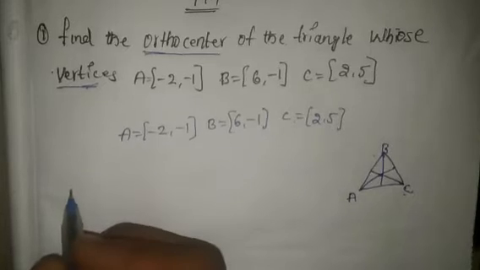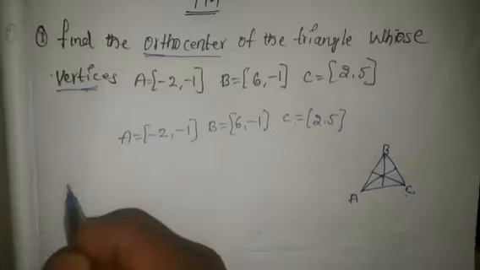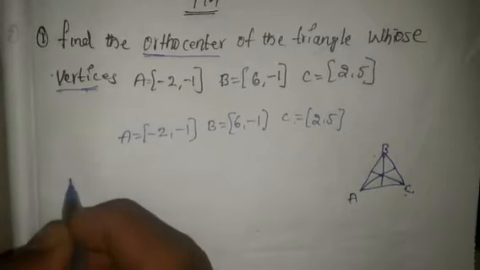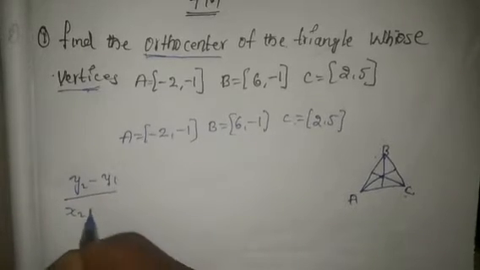Now we have a formula to find the slope, that is y2 minus y1 by x2 minus x1.